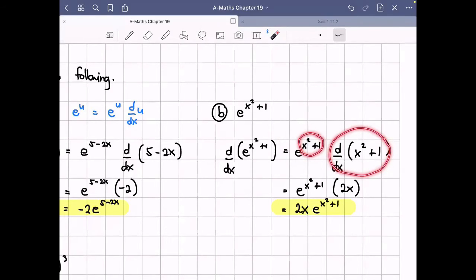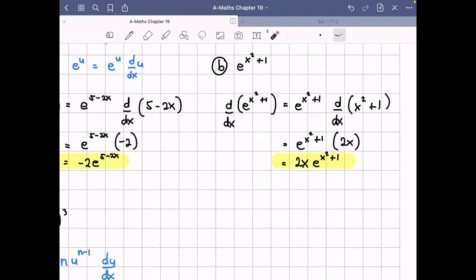Simplifying this, bring down e raised to x squared plus 1, and the derivative of the exponent is 2x. So just combine both of these. That's why you have 2x times e raised to x squared plus 1.